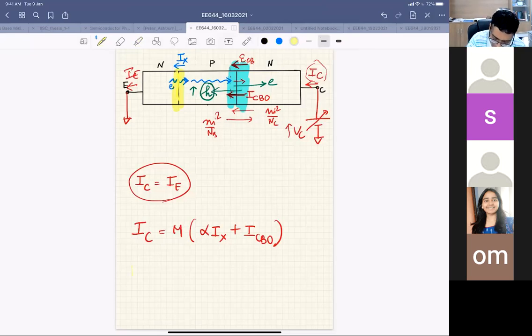So at the breakdown, this current will be ICEO. Whatever current is flowing during the breakdown is nothing but M times alpha times ICEO plus ICBO.